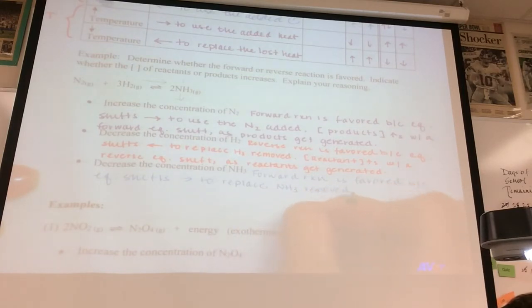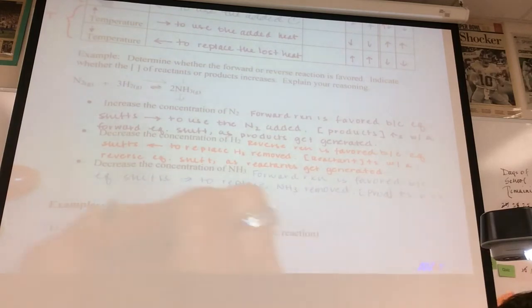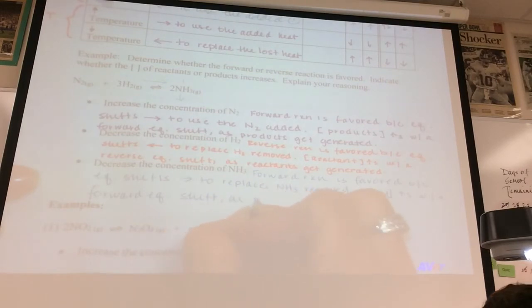And with a forward shift, what concentration increases? Product. So product concentration increases with a forward equilibrium shift as products get generated.